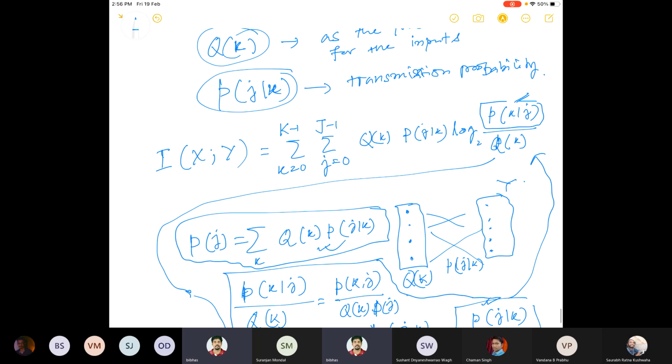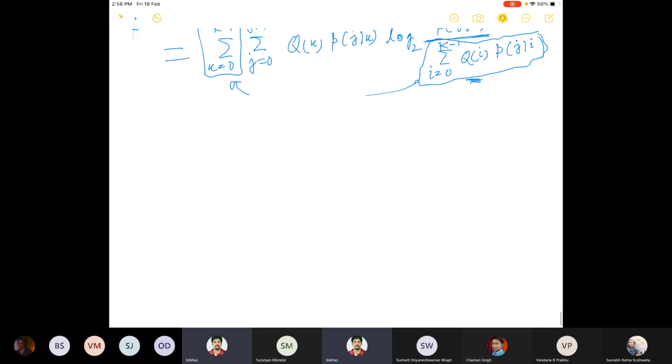In fact, this is the capacity of a channel or of a DMC. DMC means discrete memoryless channel. I'll define it this way.